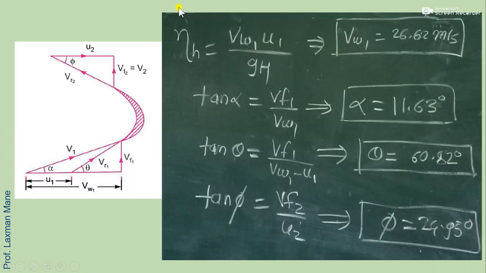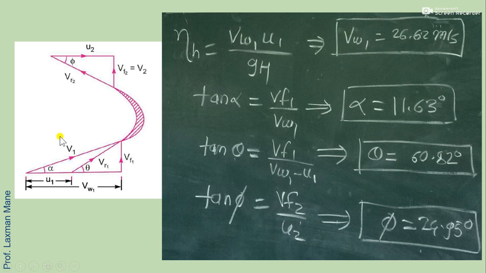Okay, now next we have to find the angles, but for that take the help of hydraulic efficiency, because it is given. On the right side, Vw1 U1 upon gH, this is the formula. Now in this case U1 we already calculated, gH and hydraulic efficiency are given, so the unknown is Vw1, which we get here.